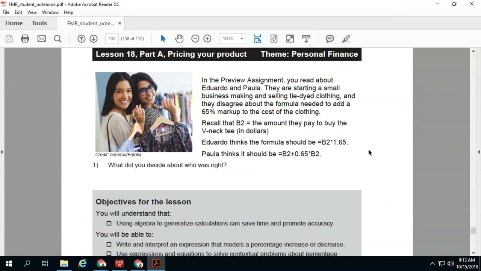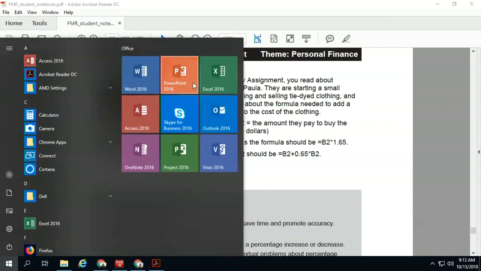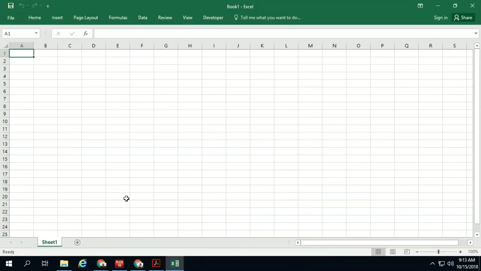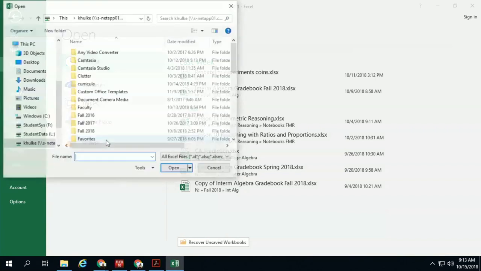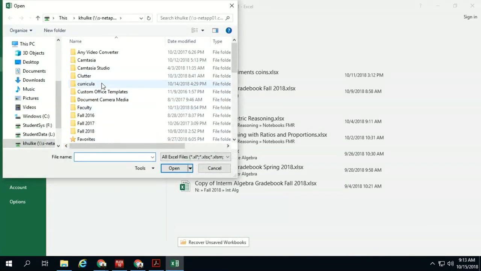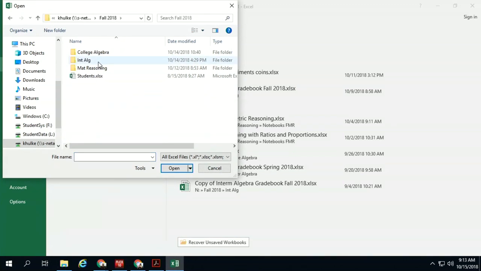But anyway, I'm going to show you something that I did over the weekend that will kind of make sense to you in what we're doing here. Where did I put it? It's got to be in college algebra.